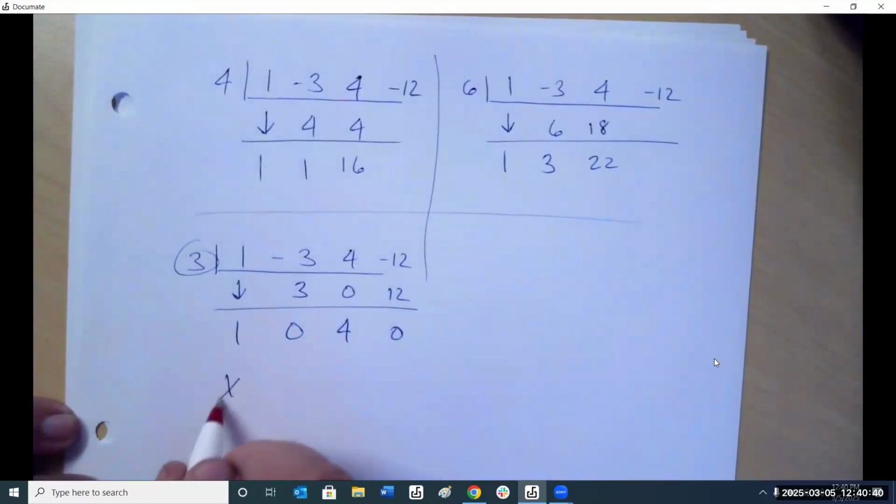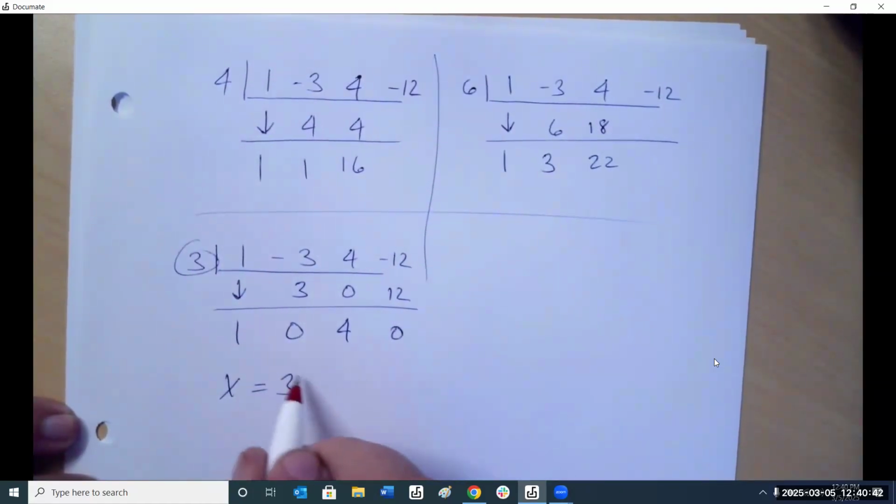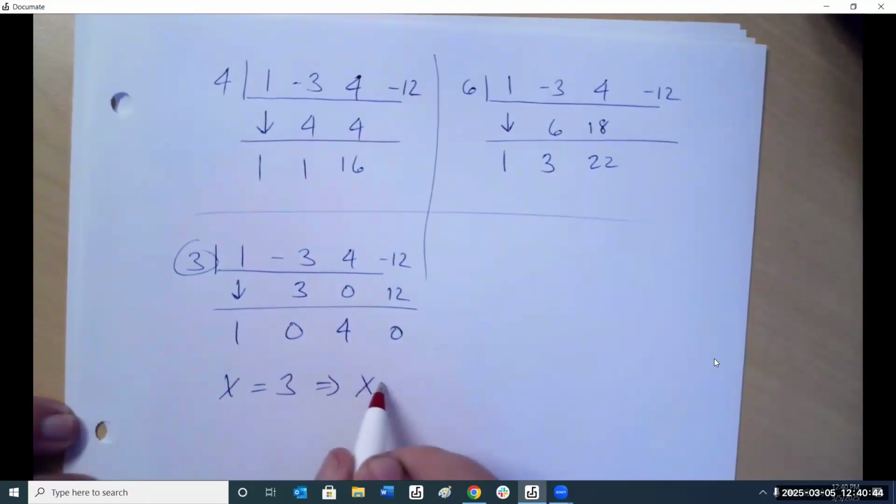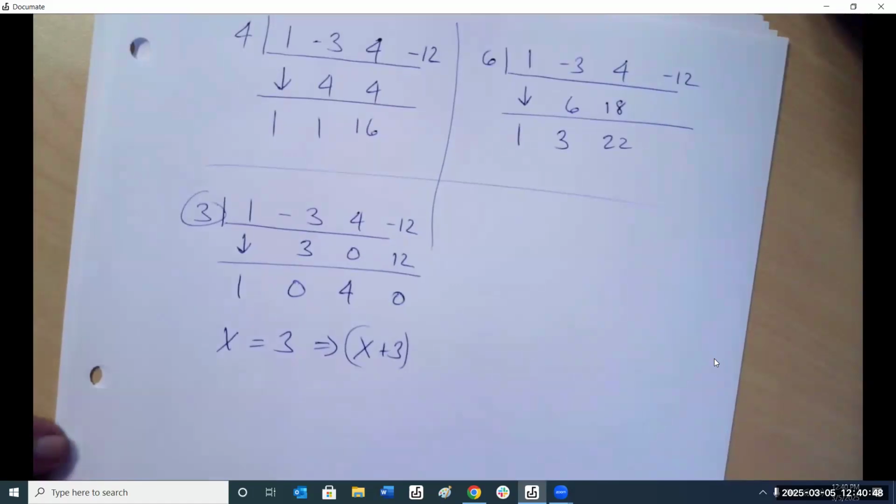So we have another 3. So we have a multiplicity for the x plus 3. So far our factors are x minus 1, x plus 3 squared.